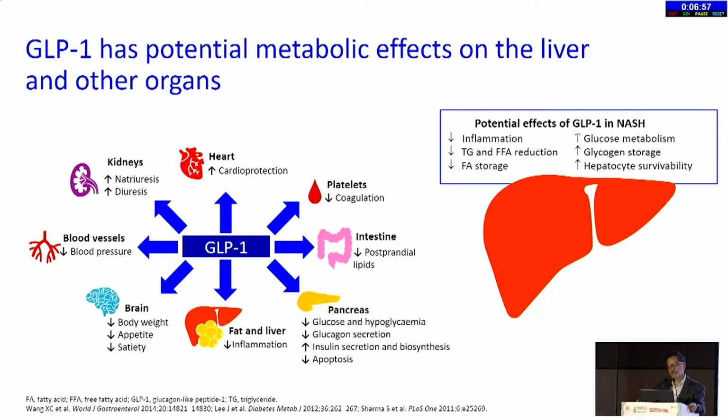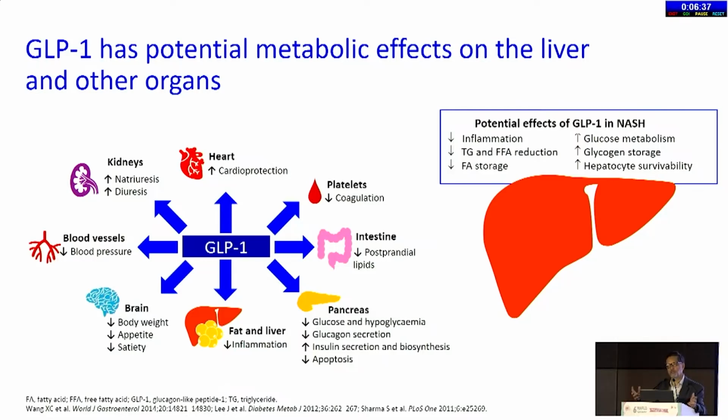Many of these are also potentially beneficial from a fatty liver disease perspective. Now, very important, GLP-1 receptors are not present in the liver. So all of the effects of GLP-1 are mediated through its effects outside of the liver.